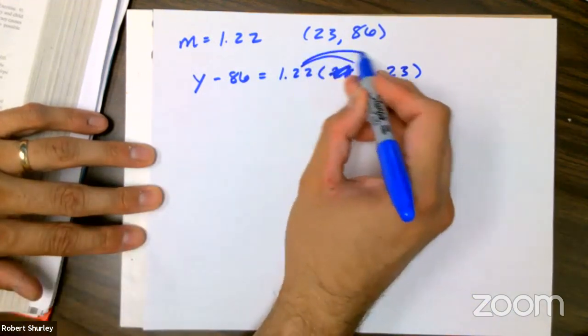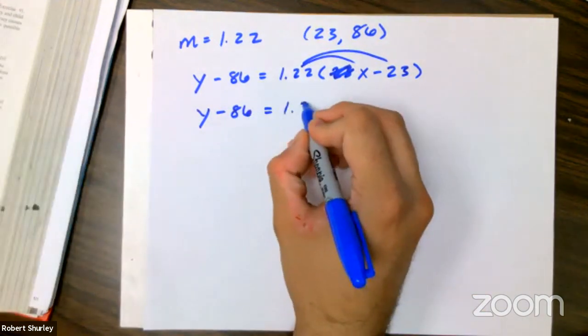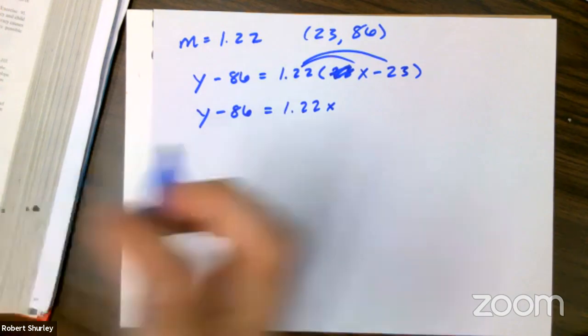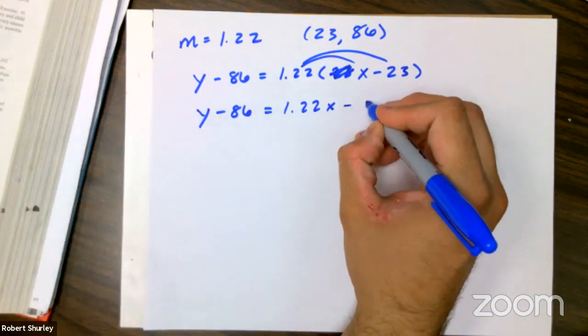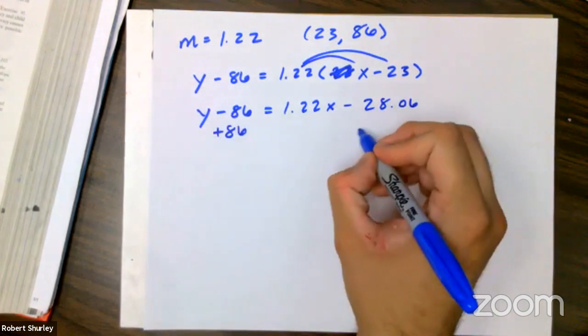So distribute the 1.22. I got to bust the calculator out. 1.22x. Now, 1.22 times 23 would give me negative 28.06. And then I've got to add 86.